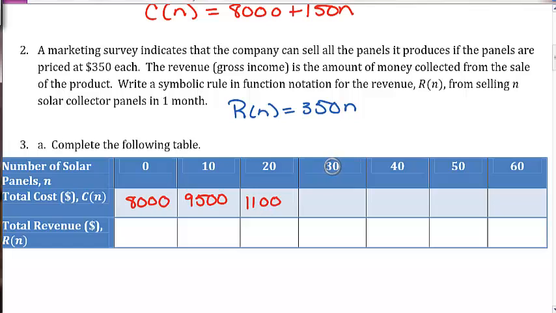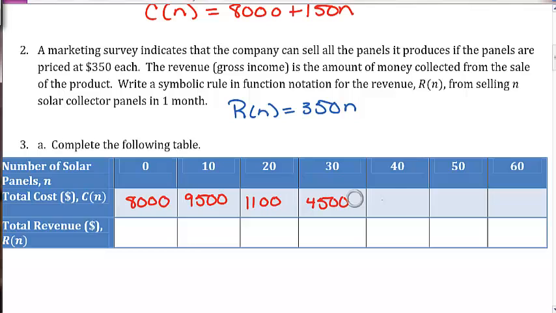If I sell 30 of them, then my costs are going to be this 150 times 30, which is 4,500. Add that to the 8,000 and we get 12,500.